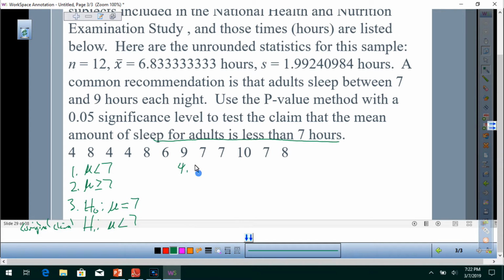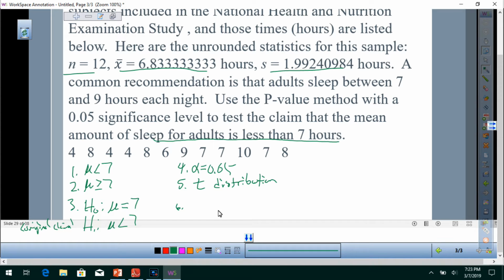Step 4, alpha is 0.05, and we are going to use the t-distribution. Now here is where it's going to split a little bit. We've got n is 12, x bar, and s, we got all of those.